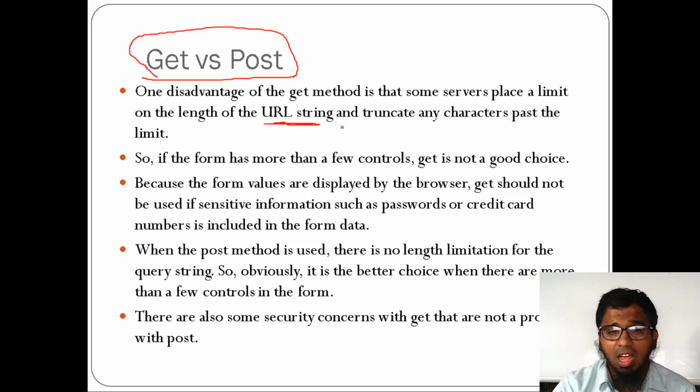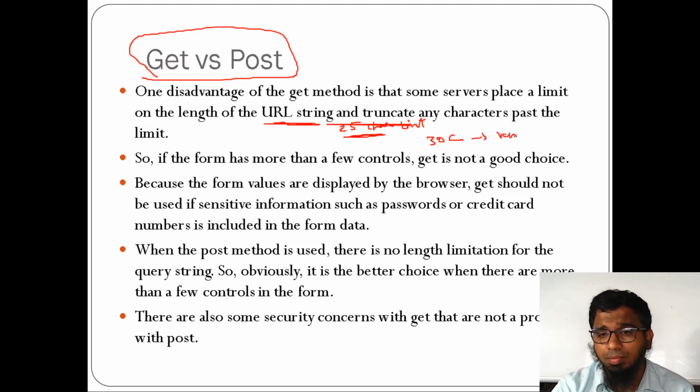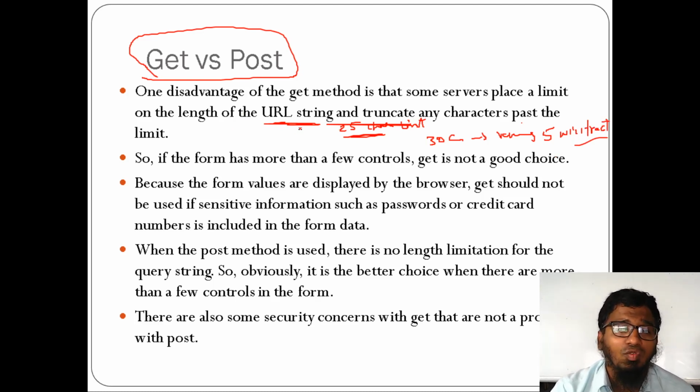For example, if it has a 25 character limit and you have more than 25 characters, say 30, the remaining 5 will be truncated, which means you will not get the exact value you are looking for.